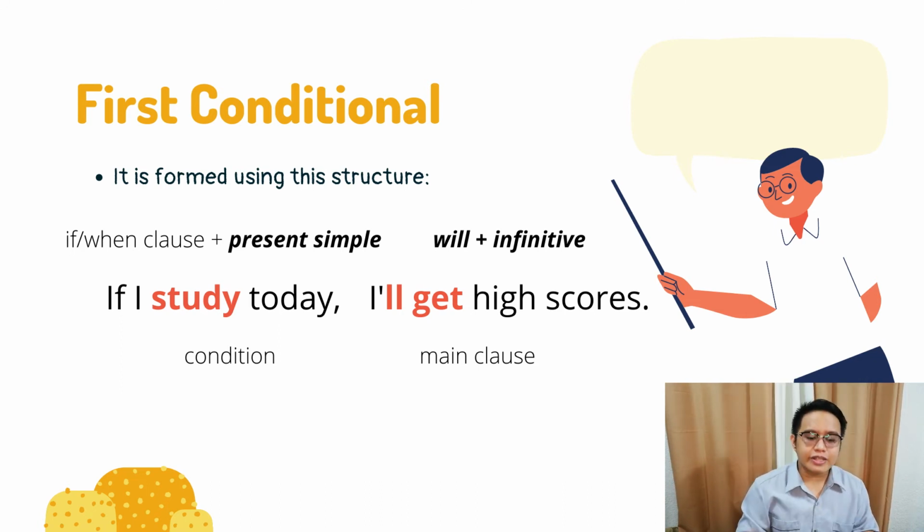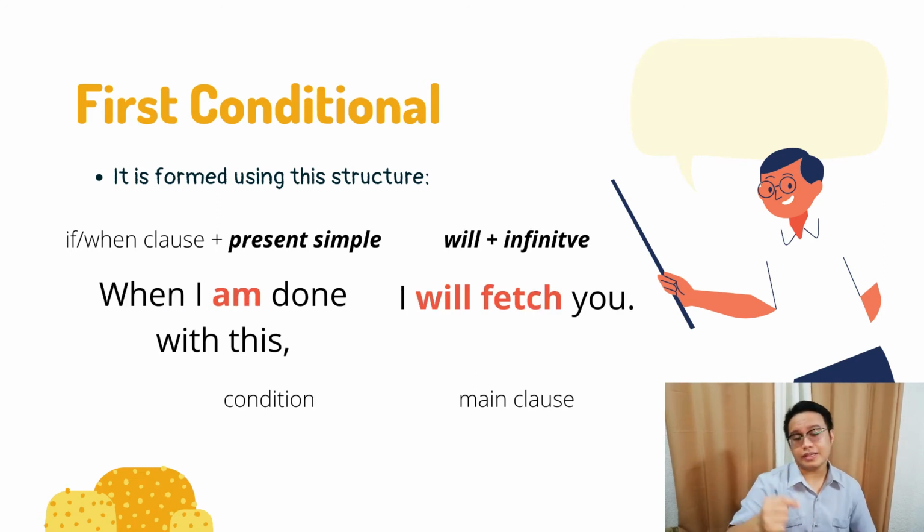Okay? Another example is when we use when. Okay? When I am done with this, I will fetch you. So our condition is when I am done. So, we can use the when clause here. When I am done, and am there is the present simple tense. When I am done with this, the main clause is, I will fetch you.